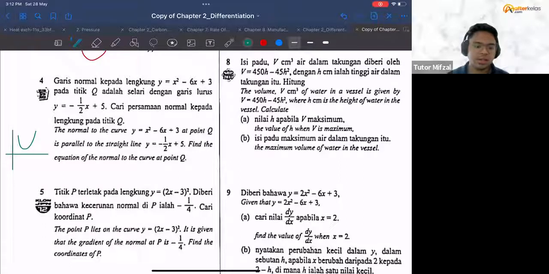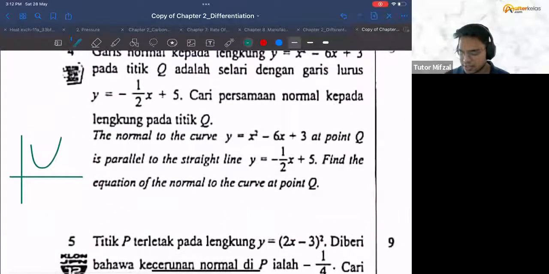So dia kata, the normal to the curve y equals x squared minus 6x plus 3 at point Q. Okay, senang cerita, dia kata kita ada point Q. Lepas tu dia kata normal to the curve. Normal is 90 degrees to the tangent, okay, of the point. So you draw dulu a tangent. So this is the tangent. Normal is somewhat like this.